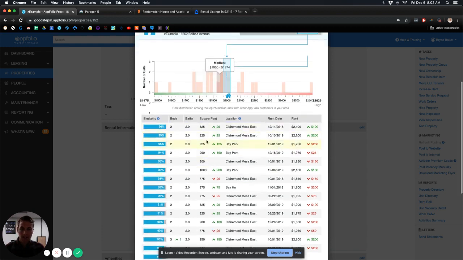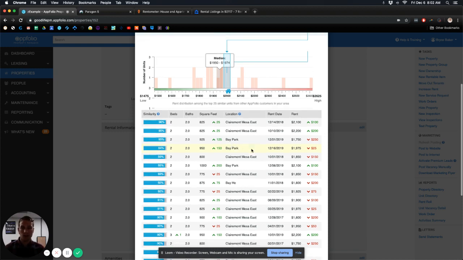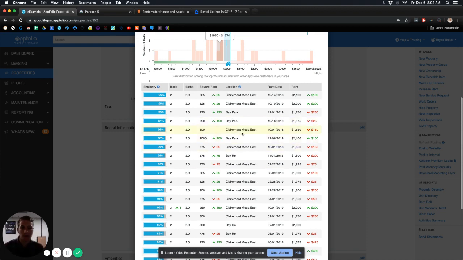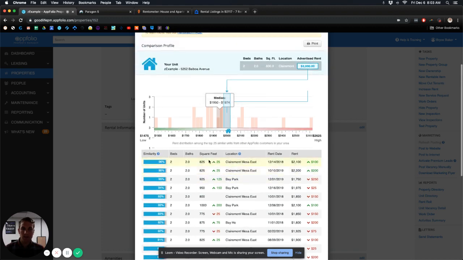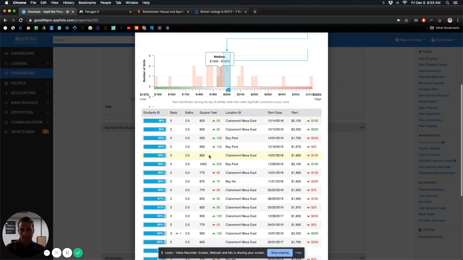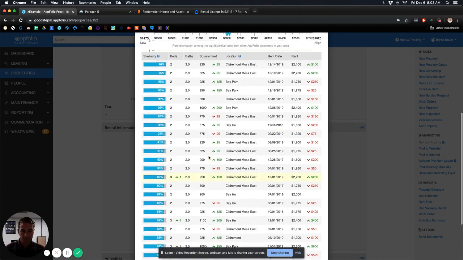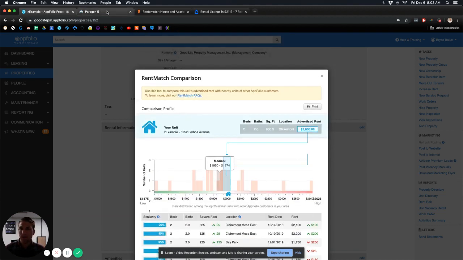Our data here doesn't show exactly where they're located, the finishes, or some of the amenities, like if they have a HOA with a pool, or it's a detached home, stuff like that. So it's limited in that regard, but it gives us a really solid set of data to jump off from because it's data that's actually from rented properties. So it's a really good place for us to start.